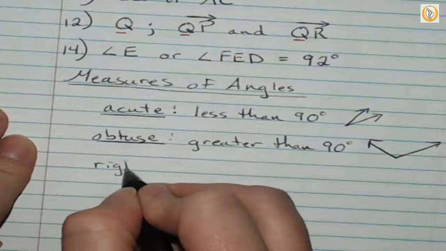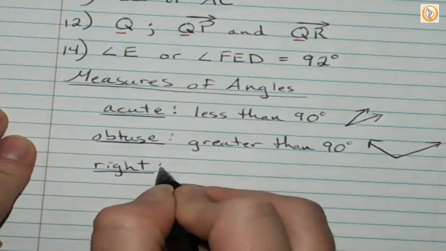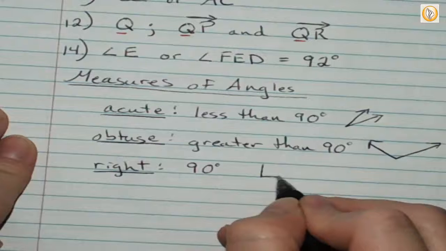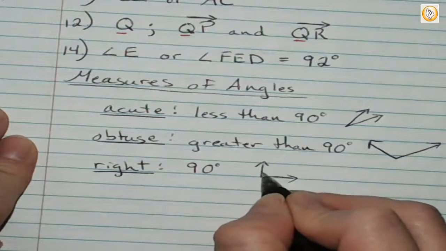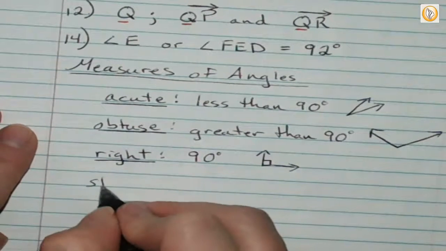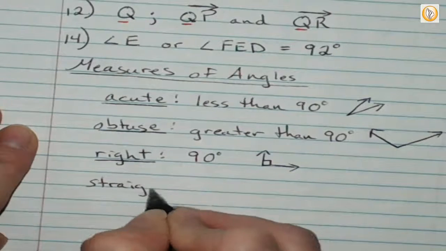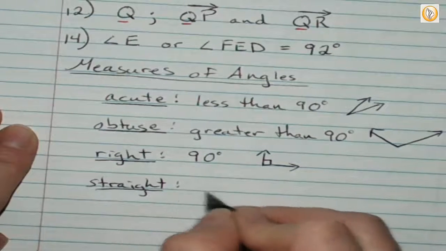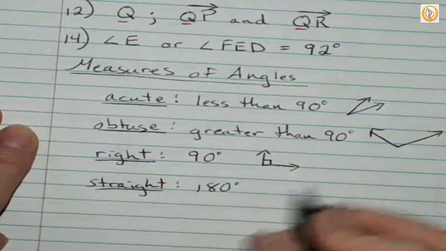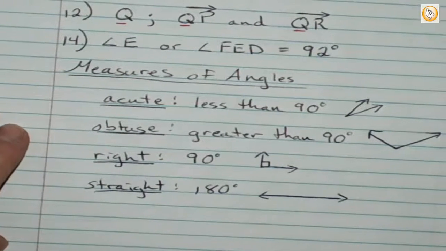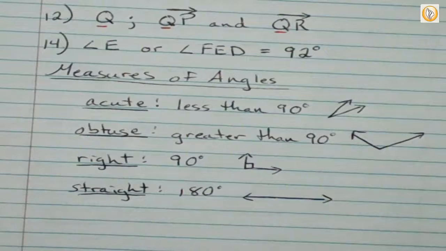Right angle is 90 degrees, and it is typically shown with the little box that says it's right. And then the last one is straight. You need to be writing. That is 180 degrees. That is an angle that is a straight line. So write those down real quick.